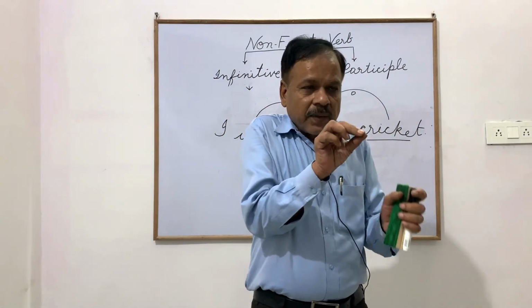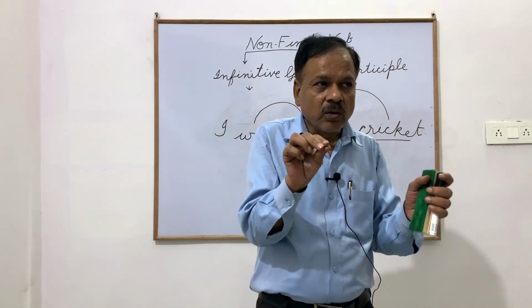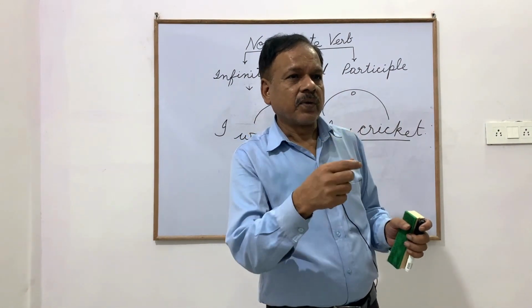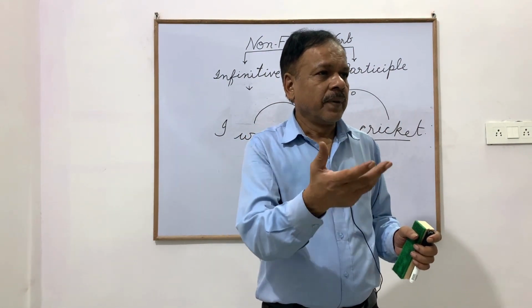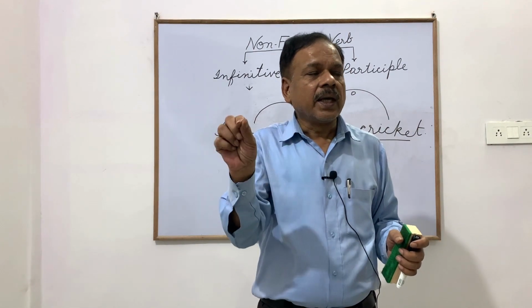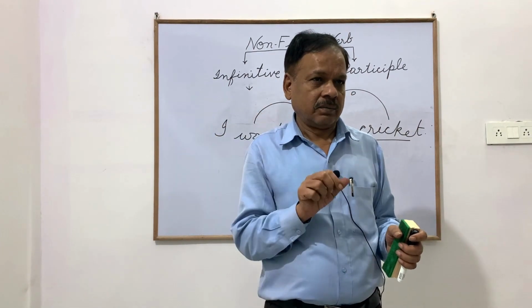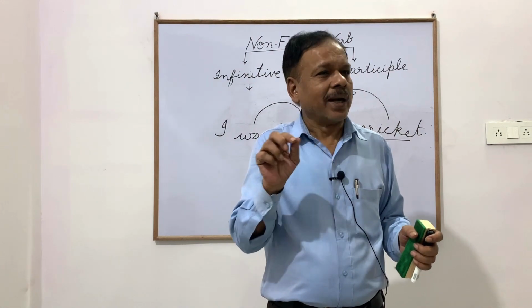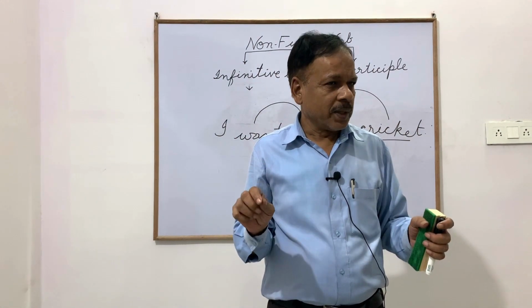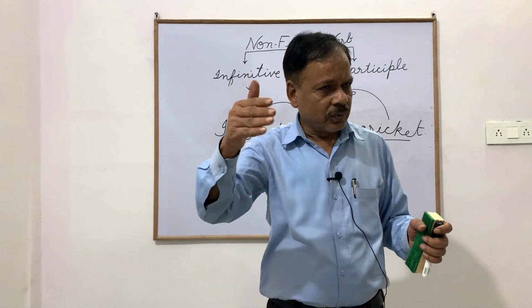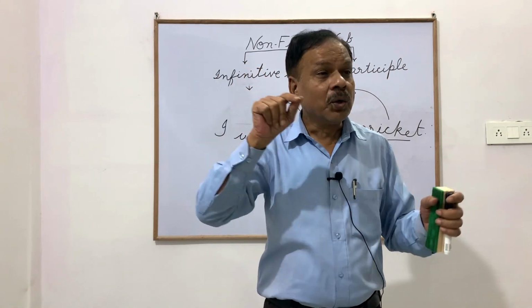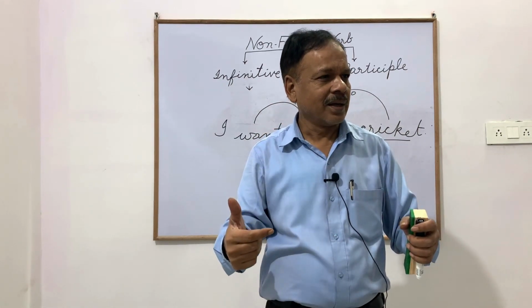Generally you write in your books or you find in your dictionaries a certain verb, like for instance go. There in Hindi you'll say jana. Actually go doesn't mean jana. Go means jao. To go means jana.